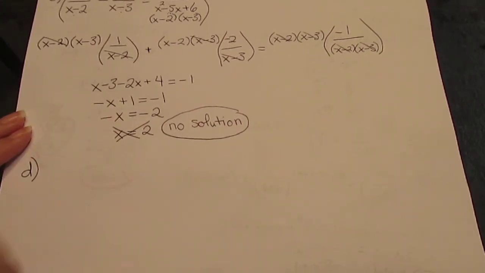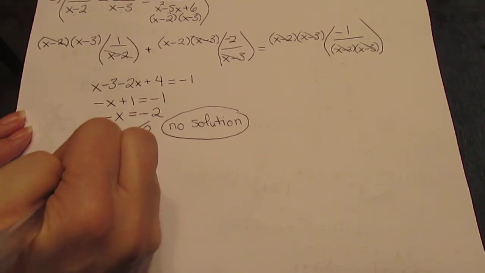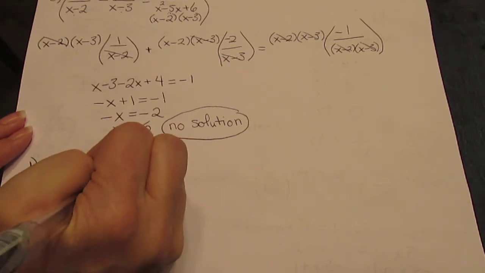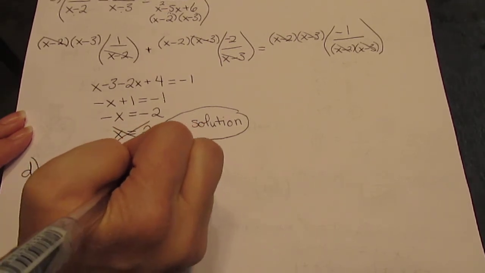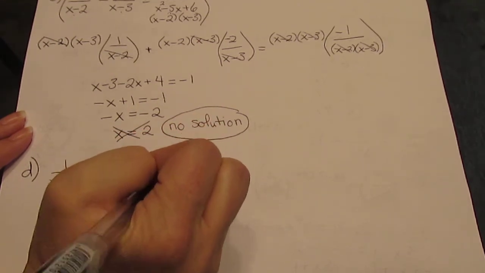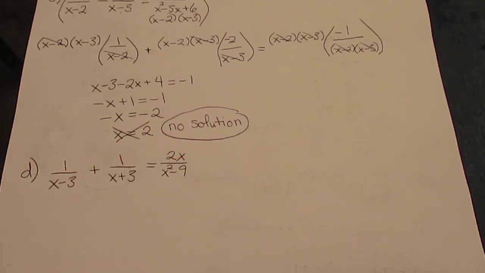Part D, I've got 1 over x minus 3 plus 1 over x plus 3 equals 2x over x squared minus 9. Again, factor any of the expressions that you can.